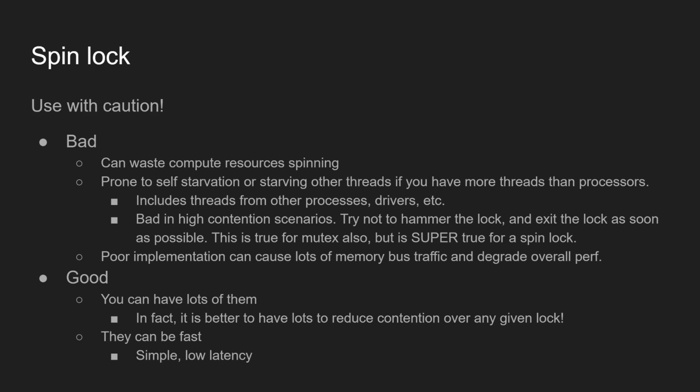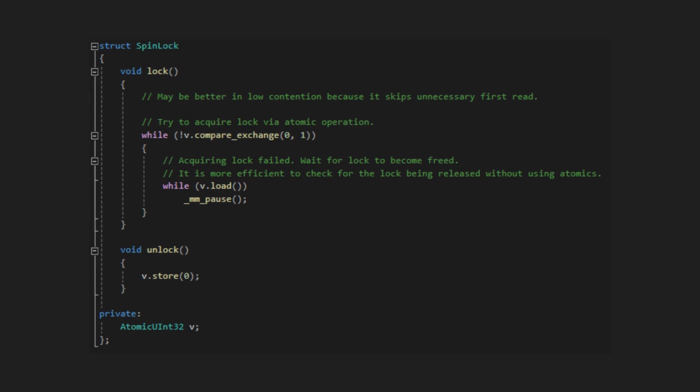These good properties exactly match my requirements for speeding up the train simulation, so I made a spin lock. Again, the implementation is extremely simple and short, but there's some thought that needs to be put into it. What you can see is to acquire the lock, you do a compare exchange operation. If that succeeds, then the function simply exits.